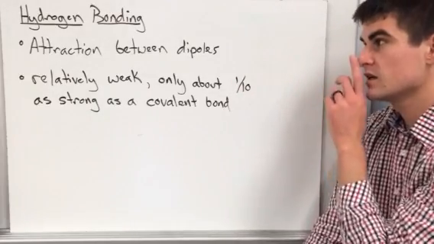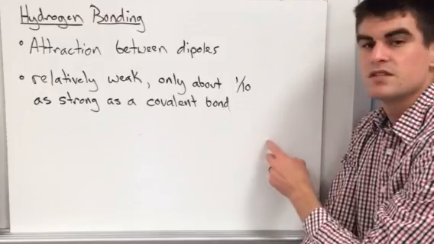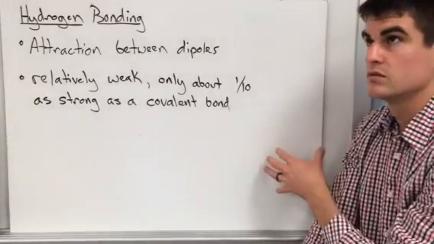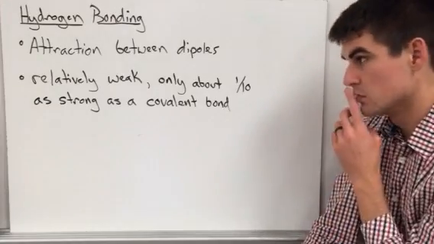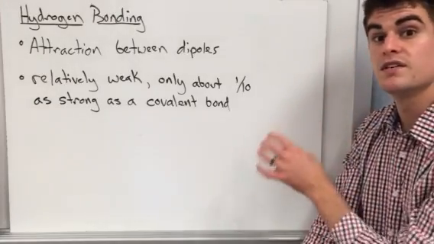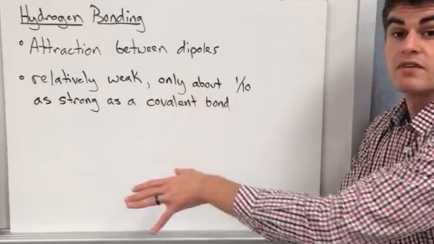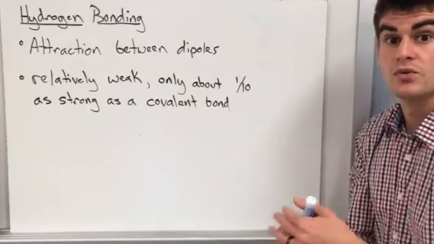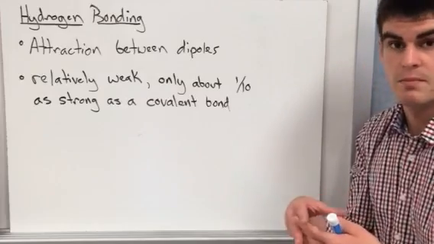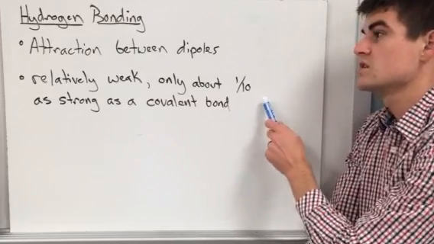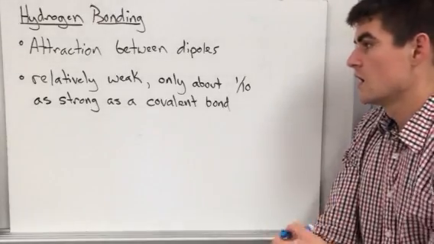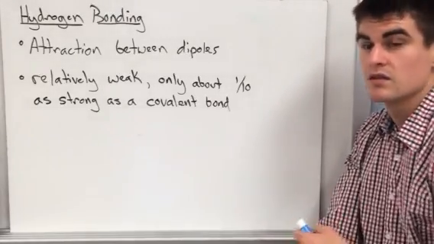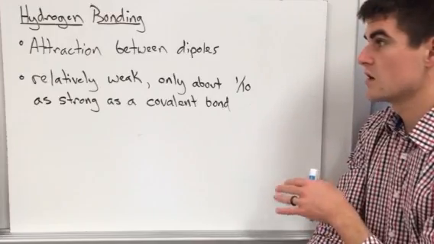This type of bonding is relatively weak, and it's an intermolecular force, so between different molecules, whereas everything we've talked about before is intramolecular, or within one compound. It's relatively weak, only about 1/10 of a single covalent bond. So this is our weakest that we'll talk about.